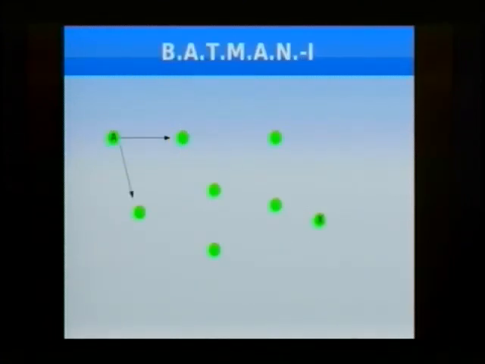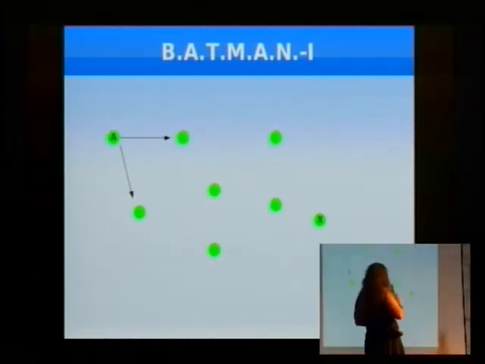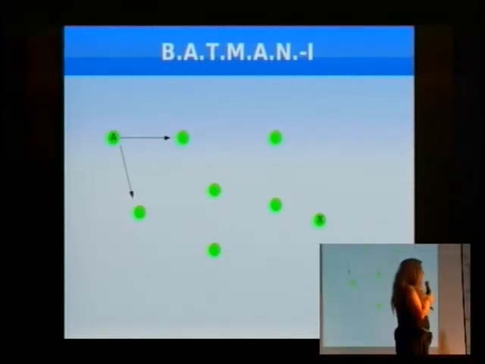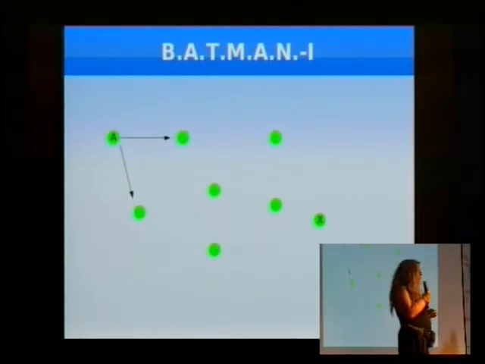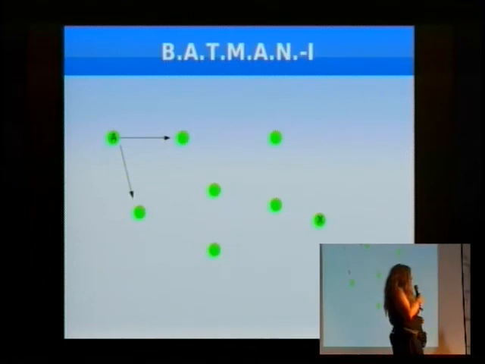Next. Well, before I start talking about Madman, I have to explain why I think that this link state routing approach sucks. The routing protocol, OLSR, or any other link state routing protocol, calculates the route from one node to all other nodes in the network.